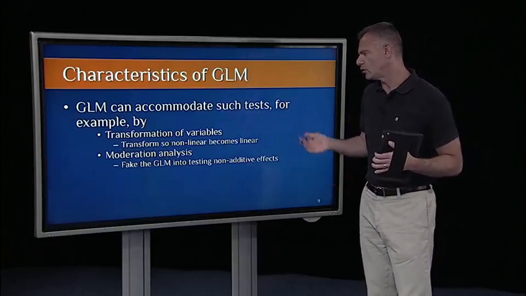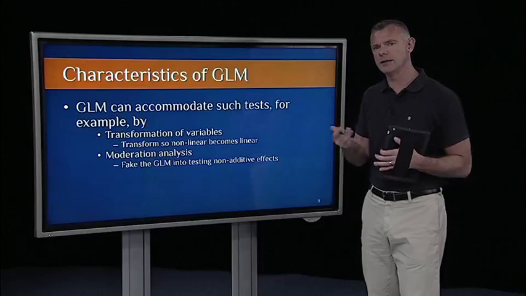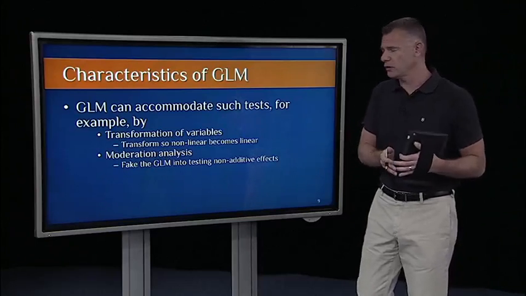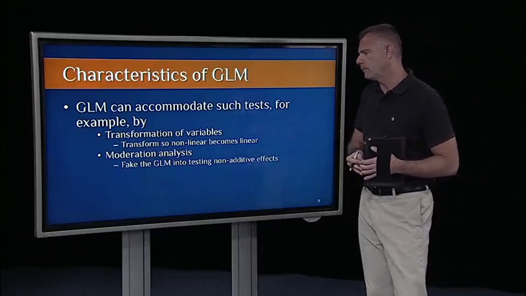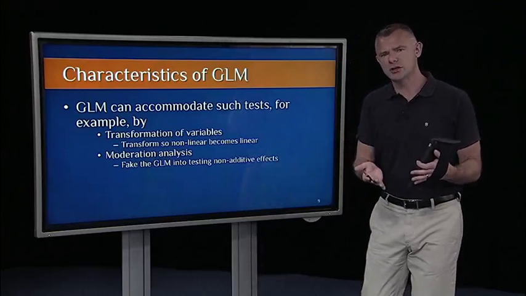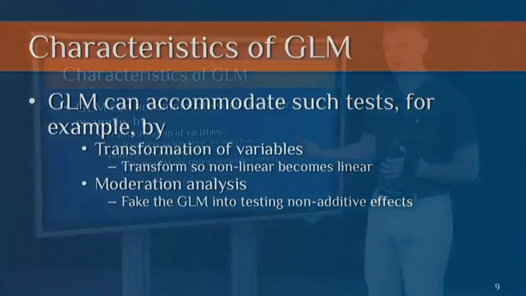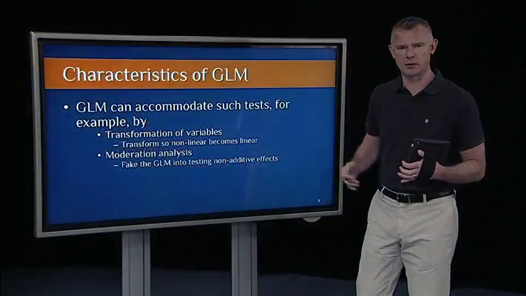So for example, we could transform our variables so that non-linear relationships looked linear. And we did things like moderation analysis, which faked out the GLM, and by adding in a product term, we were able to test effects that were non-additive, like an interaction effect in moderation analysis or in factorial ANOVA.